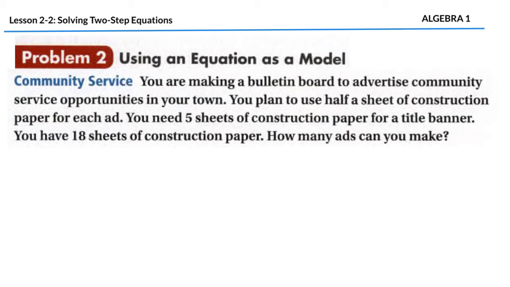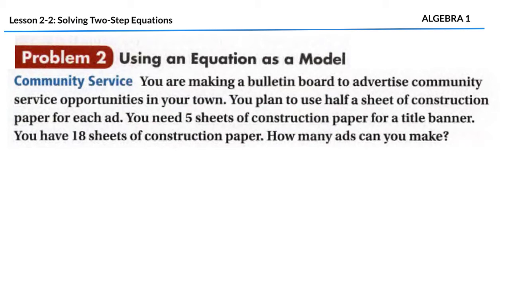So for each ad, how much paper are you using? Half a sheet of paper. You need 5 sheets of construction paper for a title banner. You have 18 sheets of construction paper. How many ads can you make?